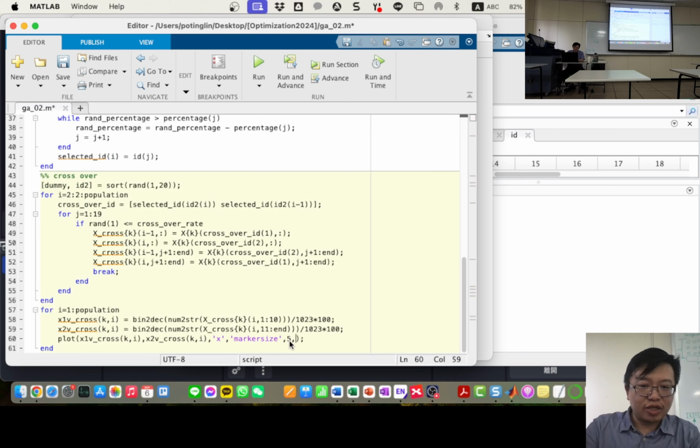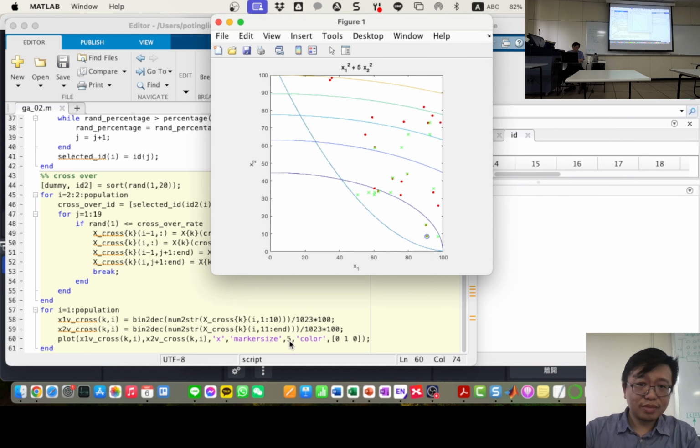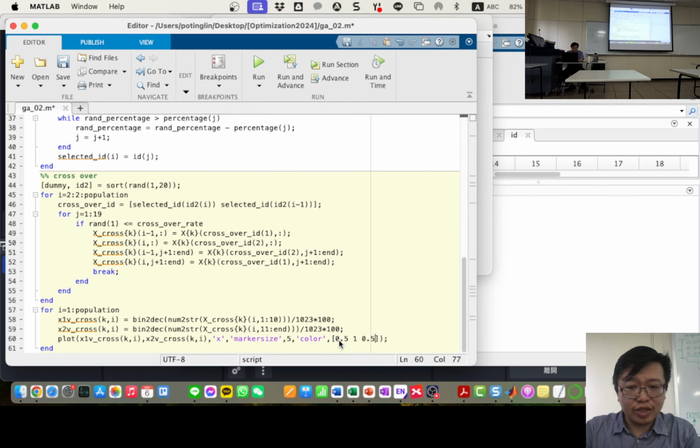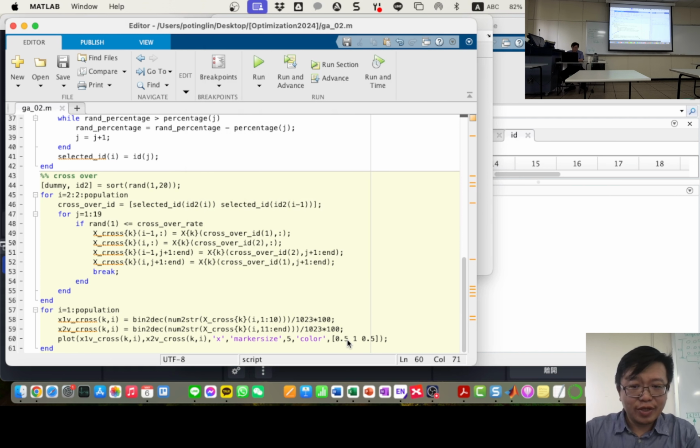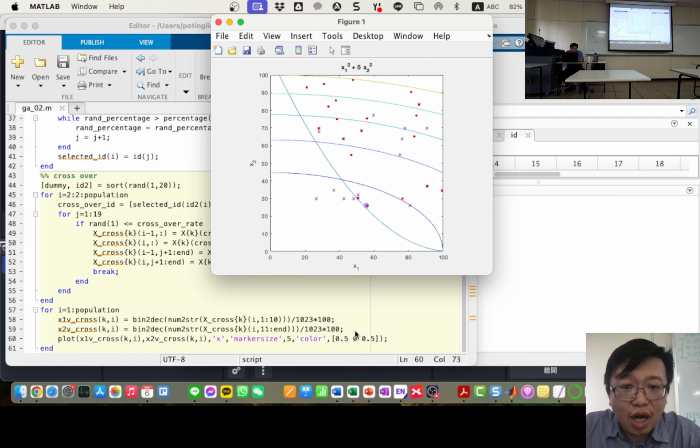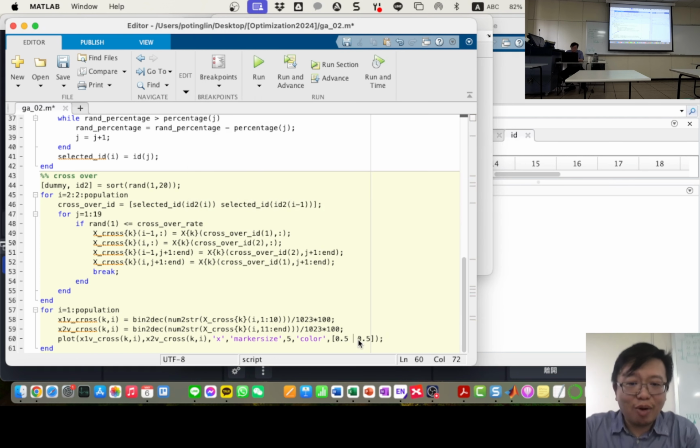I need a better color, so color, dark green would be 010, is it? No, dark green should be this. No, this is light green. So this. No, this is purple. So this.